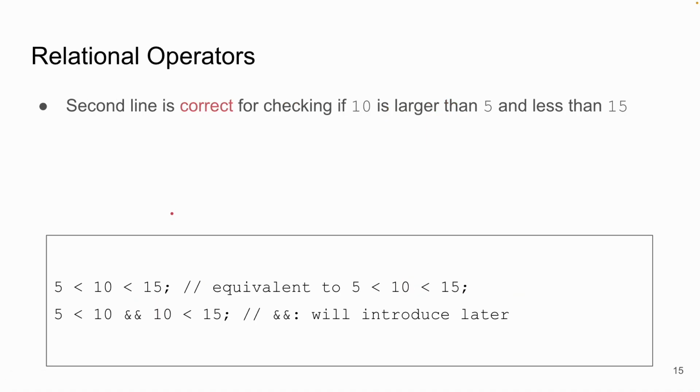So to achieve what we originally want our C code to do, we need to revise this expression into the second line, that is here. In C, that is the correct expression to test if 10 is larger than 5 and less than 15. We need to use the double AND here, and this AND is a logical operator. We will introduce it in a later slide today.